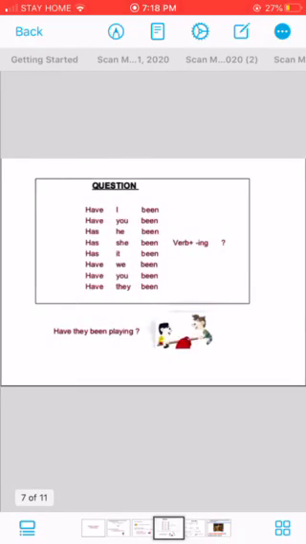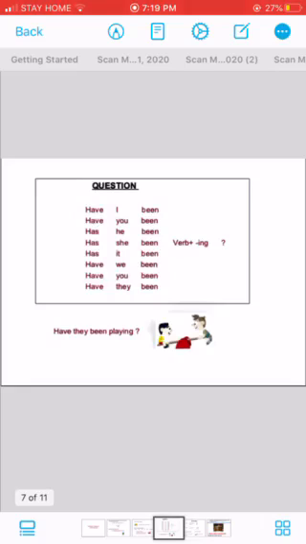Now look at the questions. How do we make a question? The question starts with the verb to have or has, which depends on the subject. بيعتمد على الsubject. If the subject is singular, like she, he, it, the verb to have will be has. So she وهي وit بتاخد عنا has.